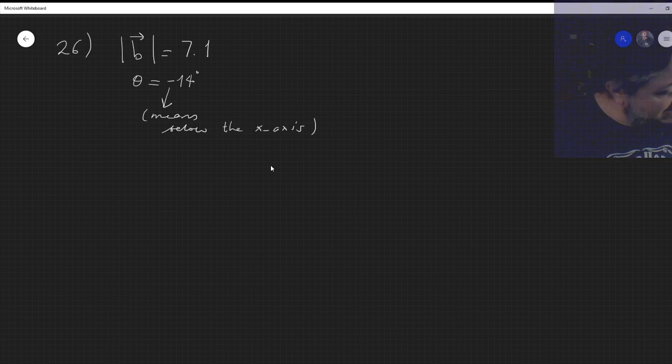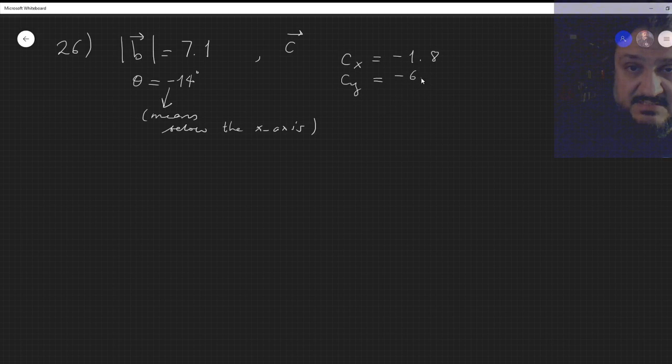What about C? Vector C has x component. Okay, now we're talking about C, another vector, but we're given the components. Cx is negative 1.8, and the y component, Cy, is negative 6.7.